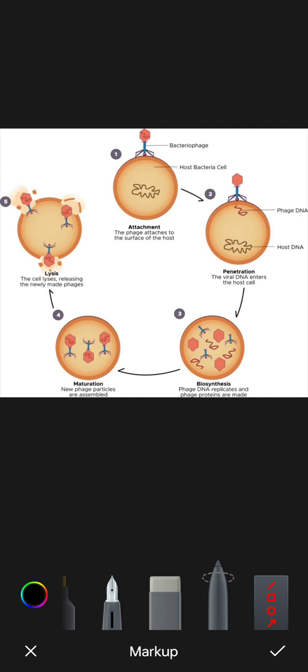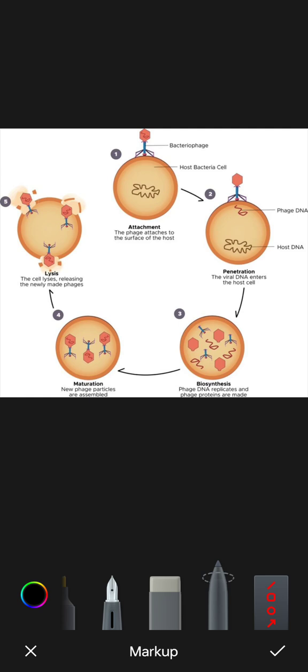And the third part is the tail fibers, which are six in number and usually used for attachment on the wall of the host for the lysis of the wall. In the tail there is a base plate which contains pins.